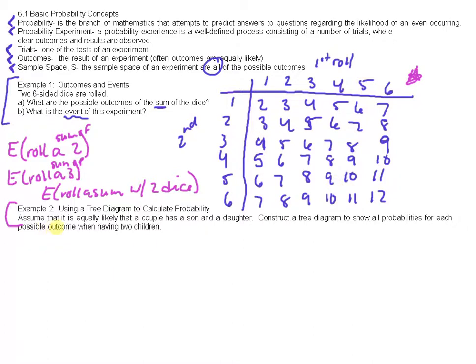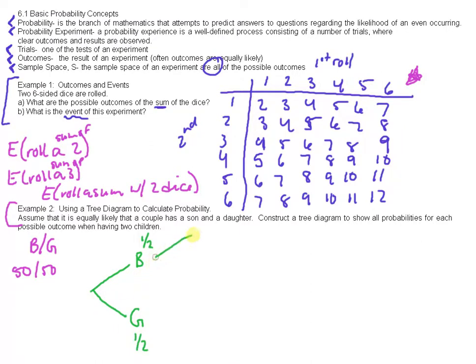So now let's assume that it is equally likely to have a son and daughter. So let's say boy and girl, 50-50. Okay, let's construct a tree diagram to show all possibilities for each possible outcome when having 2 children. So we'll do boy and girl, and that's 1/2 and 1/2, right?